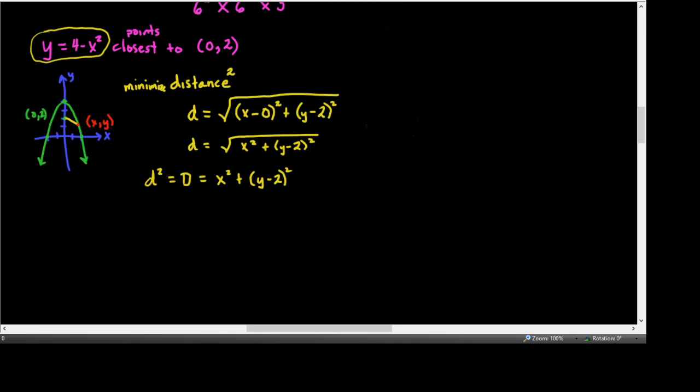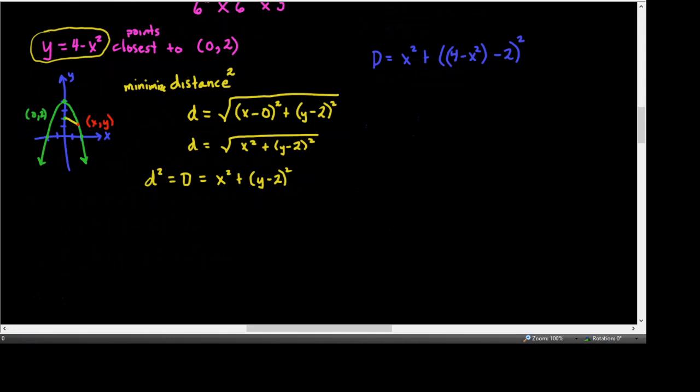If I used the equation as is and substituted for the y with 4 minus x squared, replacing the y in the capital D equation, this is what I'm going to end up working with.